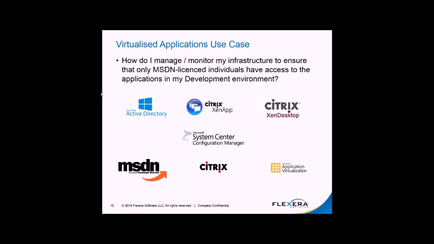So we have MSDN-based developers that are assigned into Active Directory groups that are then accessing systems via Citrix, Citrix XenApp and XenDesktop, and then those applications are streamed into those desktops via App-V.